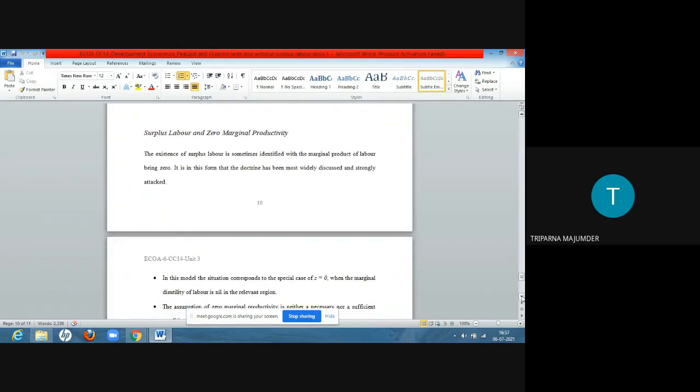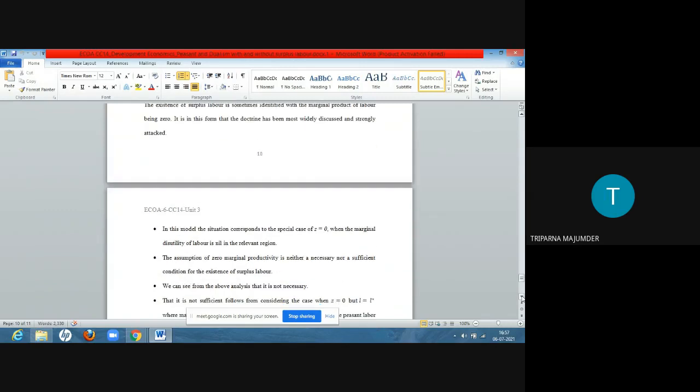We have already discussed it. Here we are just summing it up. The existence of surplus labor is sometimes identified with zero marginal product of labor. It is in this form that the doctrine has been most widely discussed and strongly attacked.